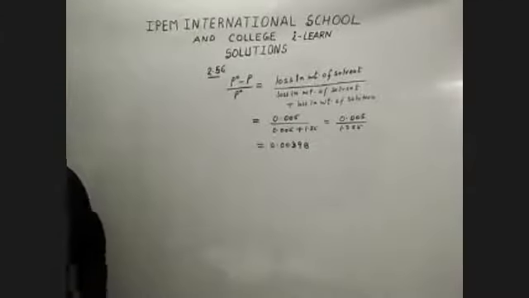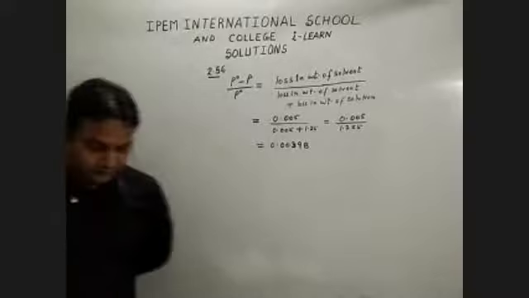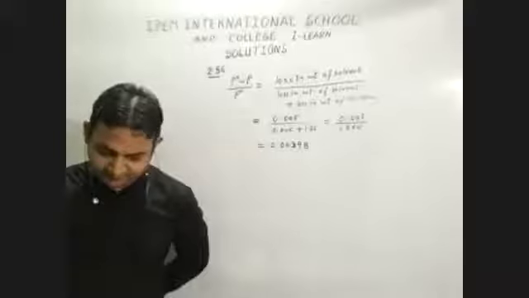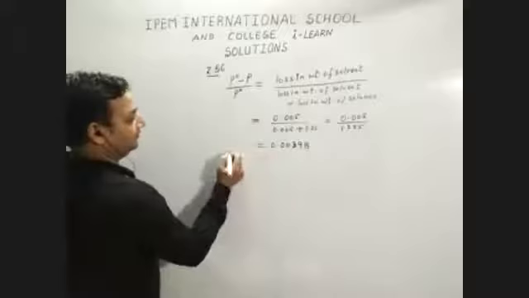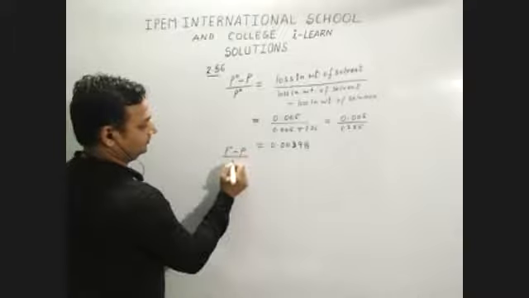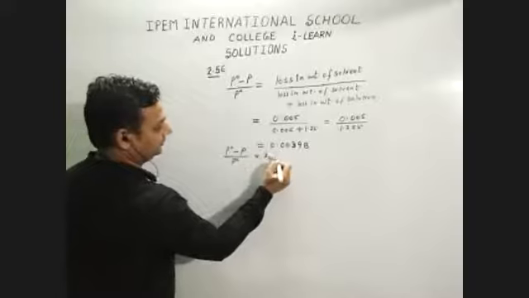0.00398. We got this. So what we have to calculate here is the molecular mass of the solute. So we put the relative lowering of vapor pressure equal to the mole fraction of solute.